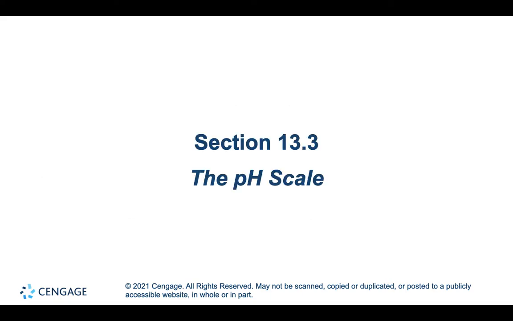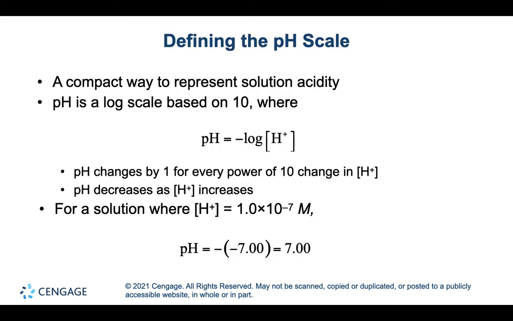Which brings us to the pH scale. You may have heard of pH before. It's a way of ranking how acidic or how basic something is. It's a scale, but it's a more compact way. Instead of dealing with all these scientific notation numbers, we shorten them down by taking their logarithm.